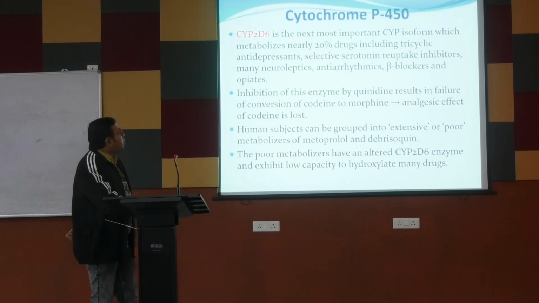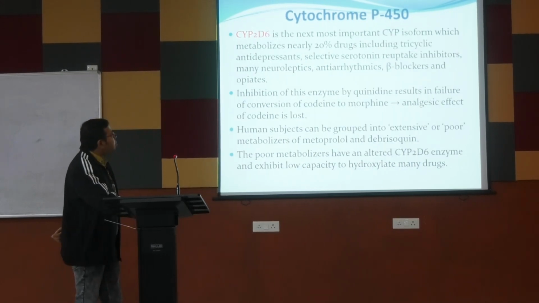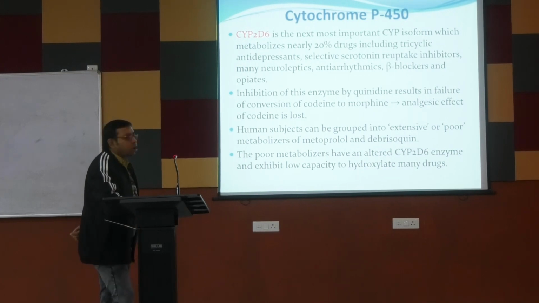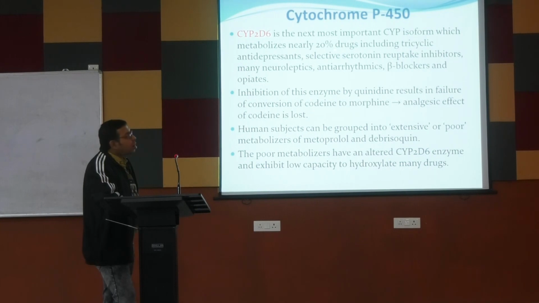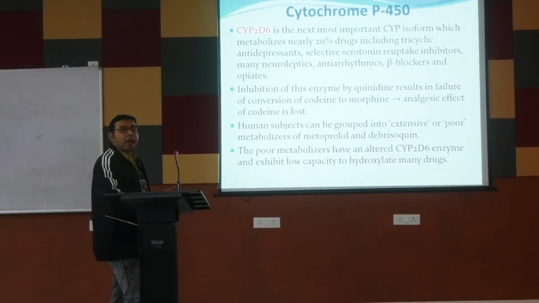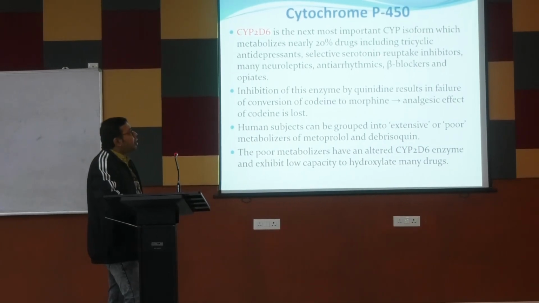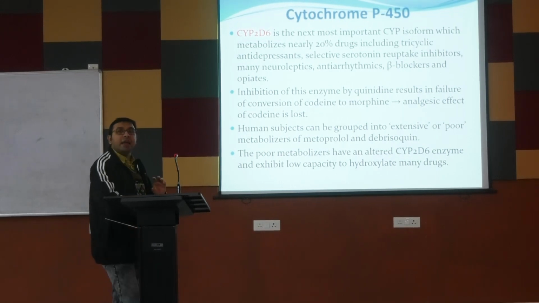Next important is the cytochrome 2D6. So this is the 3A4/5. Next is the 2D6. It is the next most important cytochrome P450 isoform that metabolizes nearly 20% of the drugs. That includes tricyclic antidepressants like imipramine, amitriptyline, etc. Selective serotonin reuptake inhibitors like escitalopram, etc. These are the CNS drugs, central nervous system drugs.